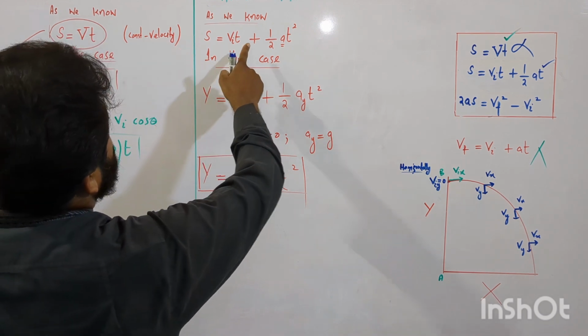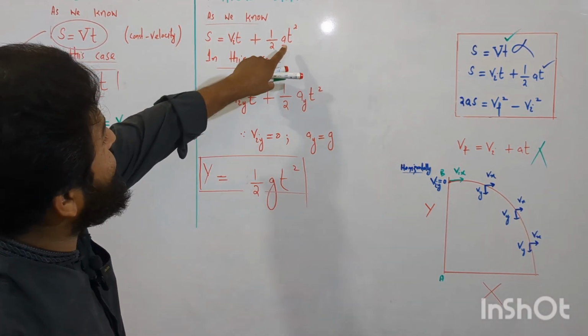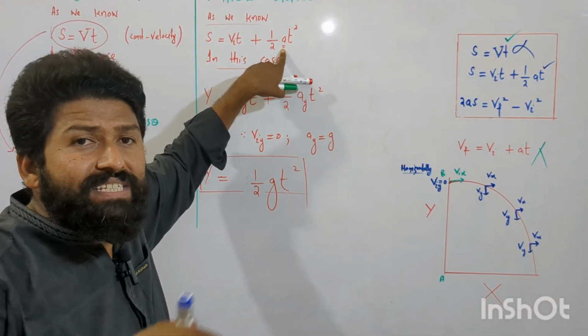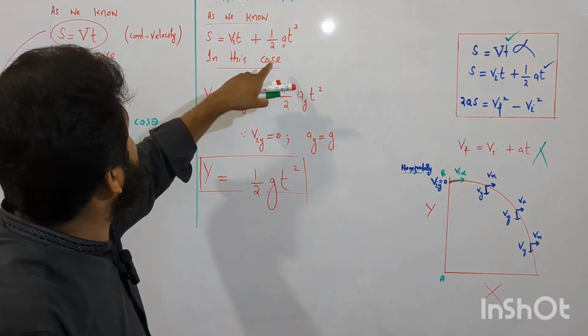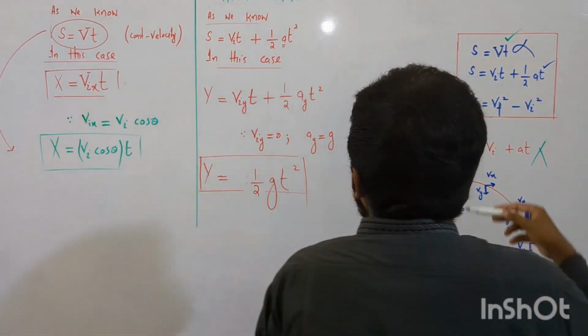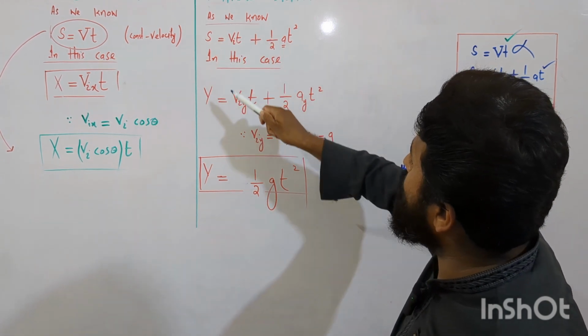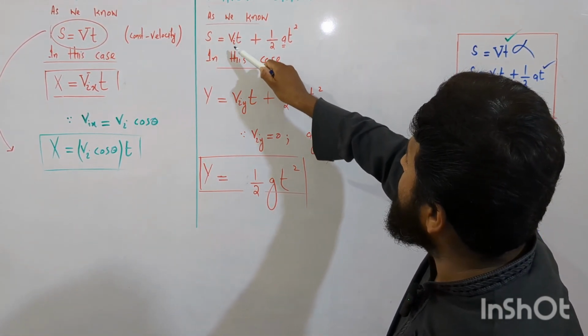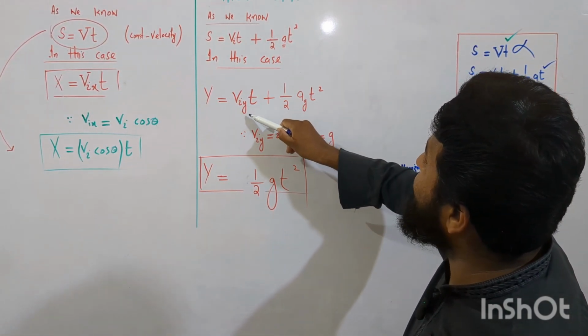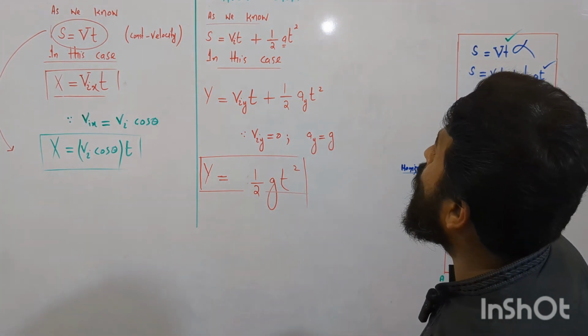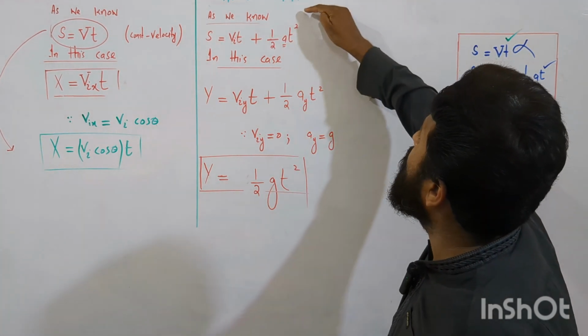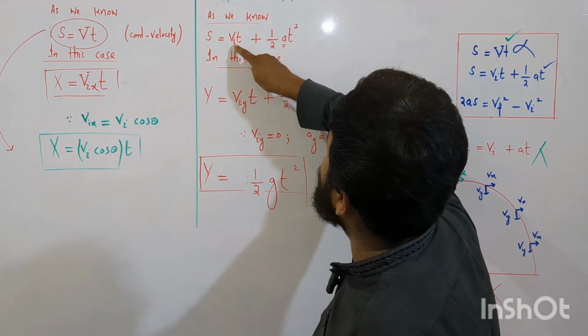S is equal to Vit plus half at square. Acceleration is there. So in this case, since it is vertical, we write y instead of S, and Vi is replaced by Viy, because for vertical distance we take the y component of Vi.